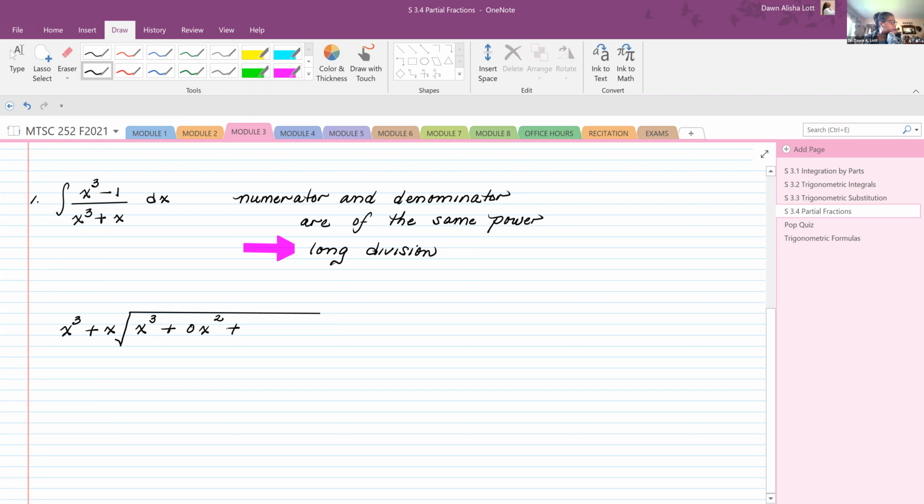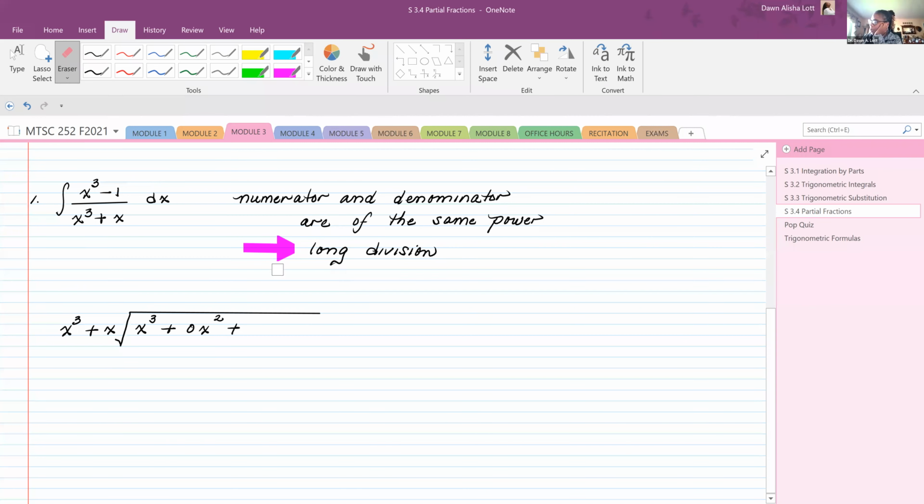Am I going to do this? I'm trying to think, am I going to get the right answer? X goes in here 1 time, x squared plus x. I don't want to do this by long division. Why am I going to do this one? Oh, I think I know what I did.